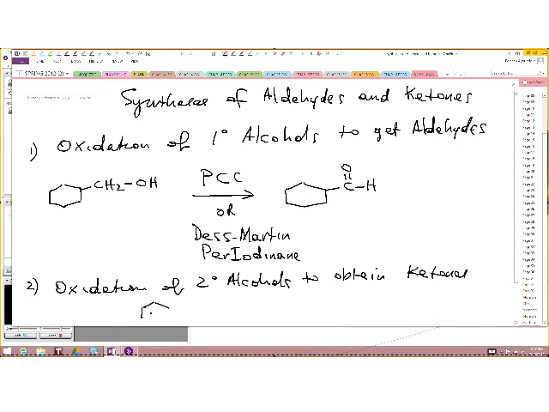If I have cyclohexanol, what reagent do I need if I want to obtain cyclohexanone?